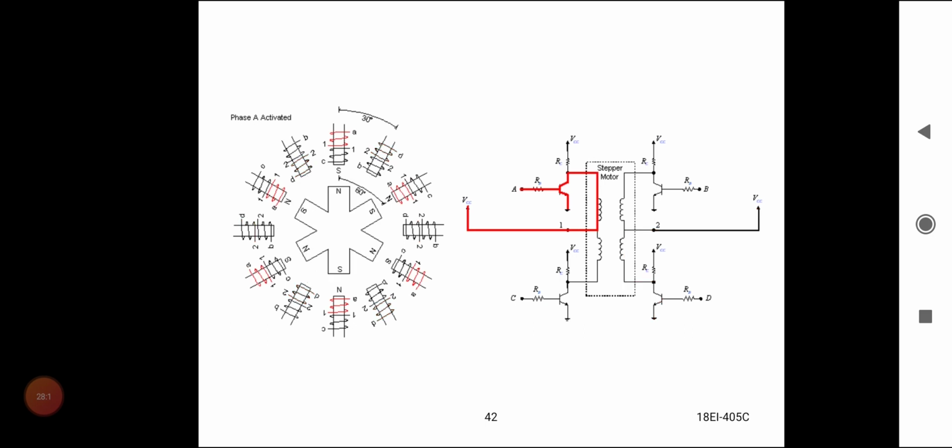So here, a magnet having north and south poles, and six magnets.